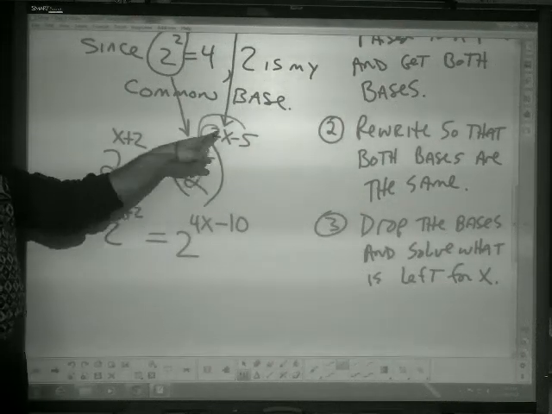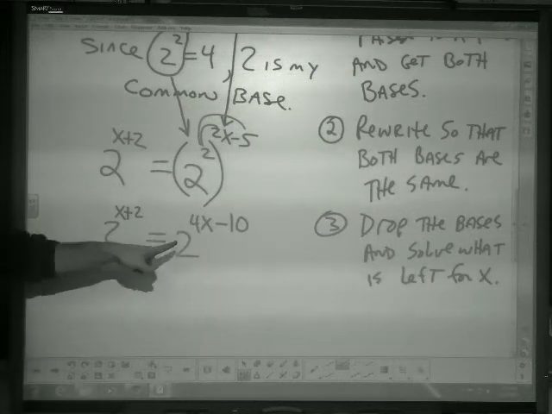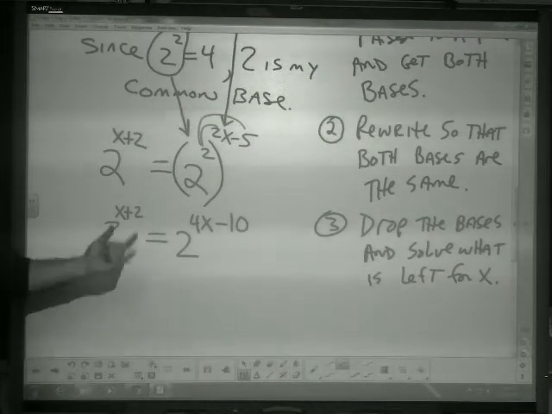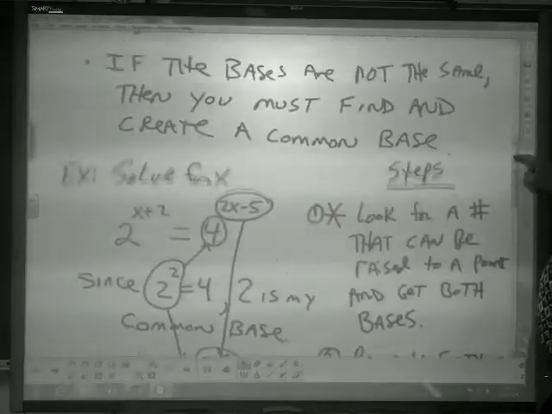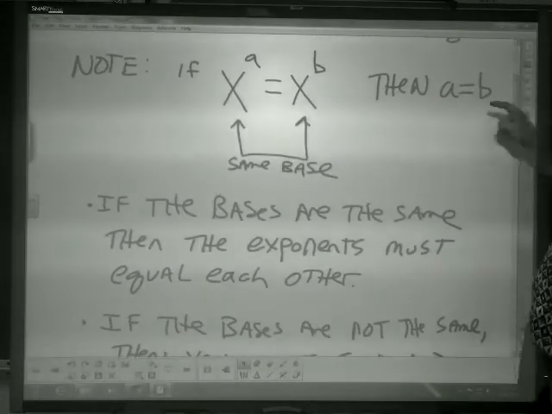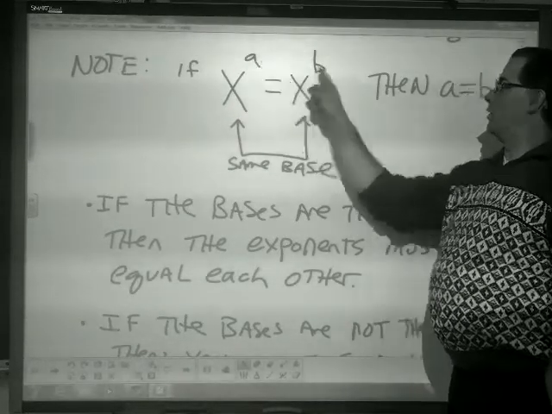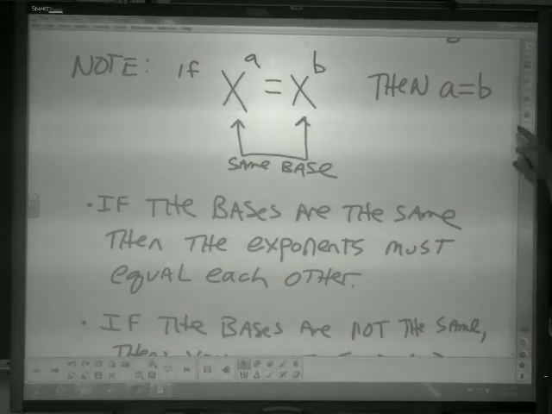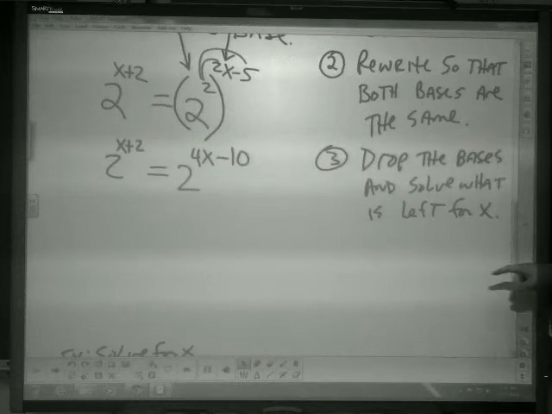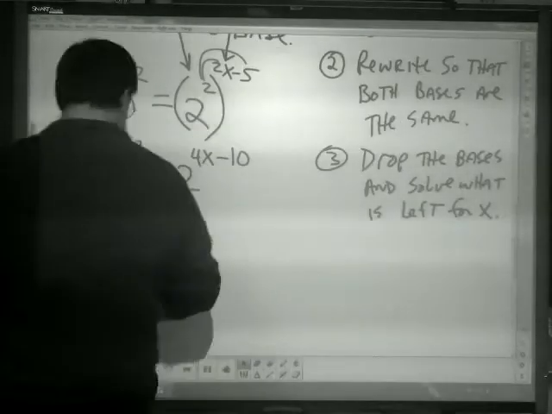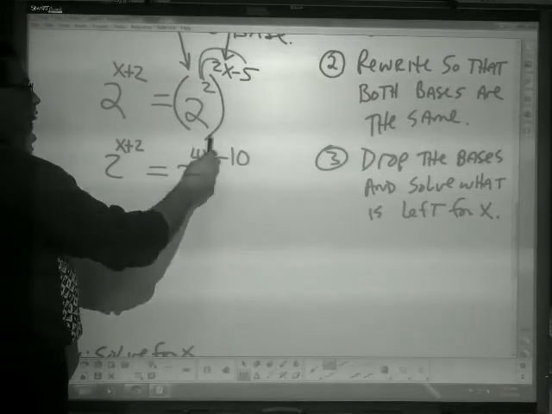I'm just using my power to power rules, which means multiply the powers. Notice, my bases are the same. So, if we go back up to the very beginning, what did we say? If the bases are the same, then the exponents must equal each other. Well, here we go. My bases are the same, so therefore, these two pieces here must equal each other.